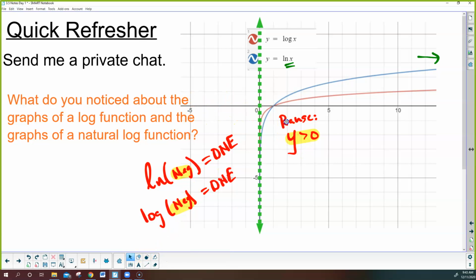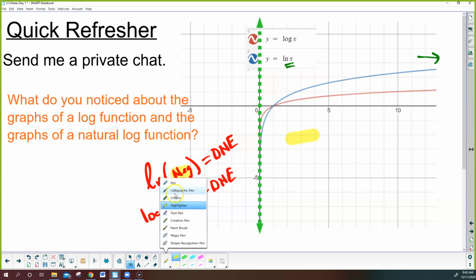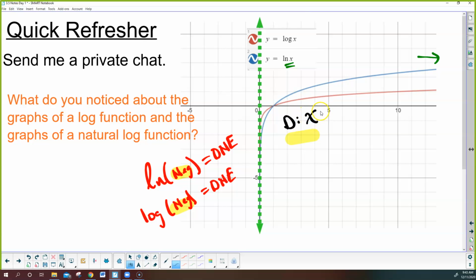Actually, you know what? I wrote this wrong. This is not the range. Sorry. I was just thinking it's the inputs that can't be negative. The y values, actually, the range is all real numbers. It's the domain that x has to be greater than 0.